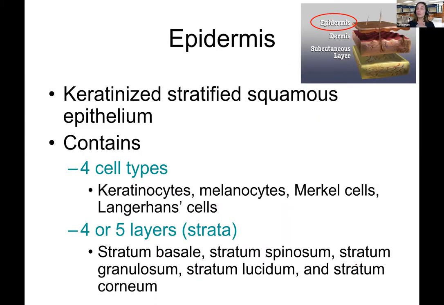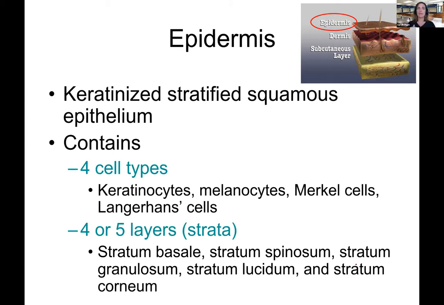So we're going to go through all three layers, and I'm going to talk about the kinds of cells and the kinds of tissues that you're going to find in those three layers. We're going to start in the epidermis, and I'm going to walk you through the cell types and the layers of the epidermis.